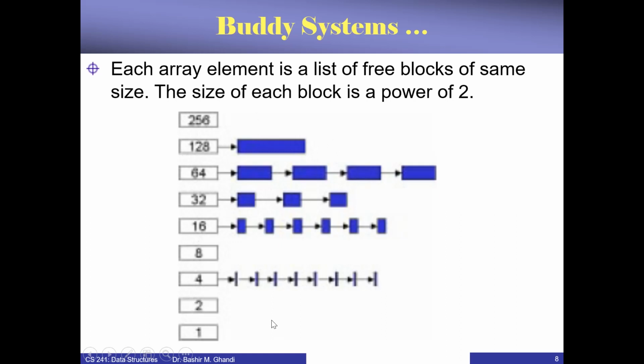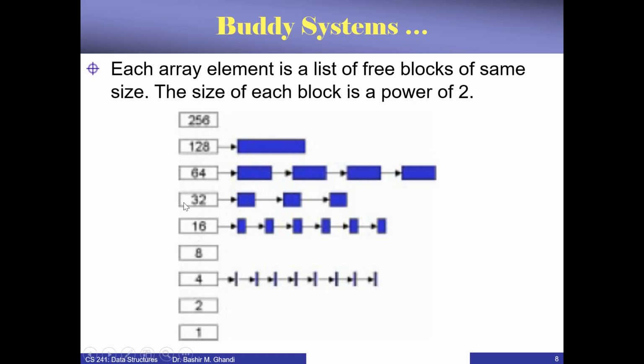So this is the idea. Instead of having one linked list with memory blocks of different sizes as in the sequential list method, the binary buddy system will have several linked lists in an array. So an array of linked lists, similar to, if you recall, what we have with graphs, where we represent the edges as an array of linked lists.